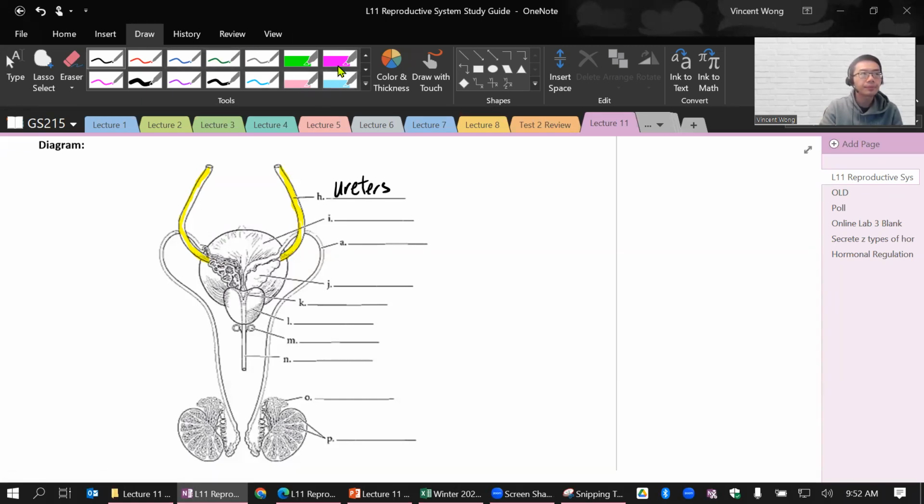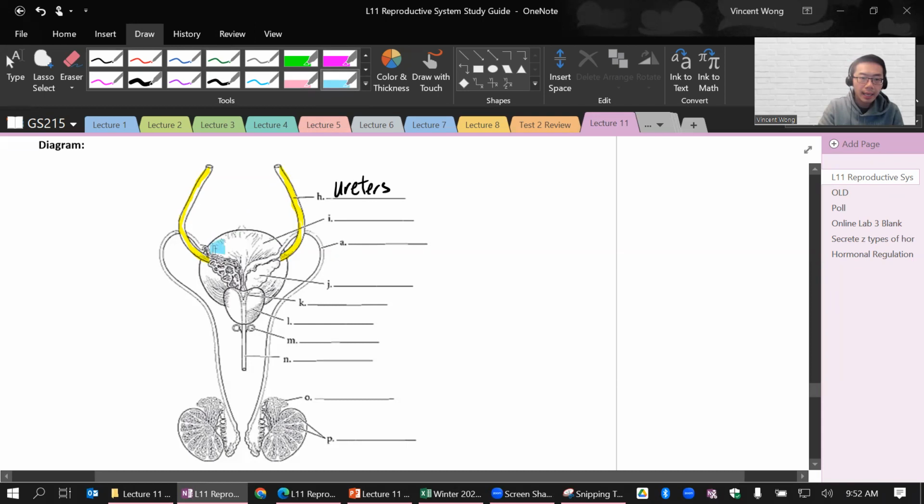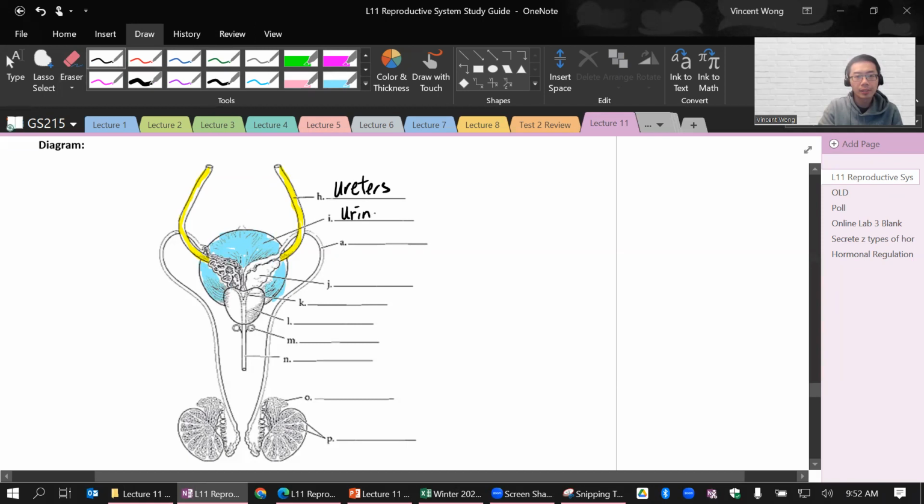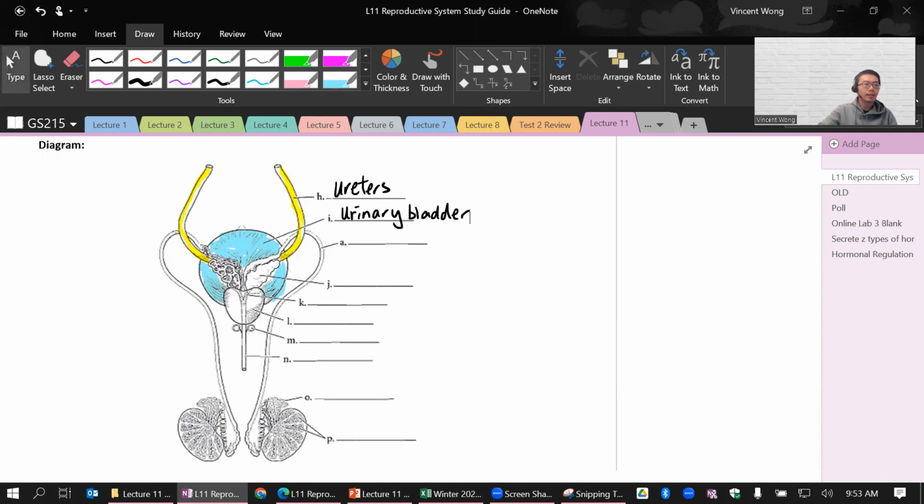And of course, the ureters are going to be connected to this thing right here. That's the urinary bladder.